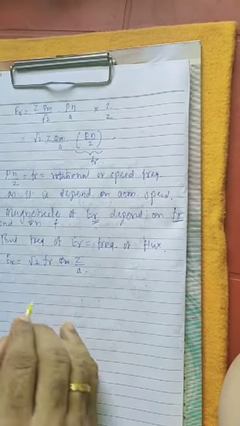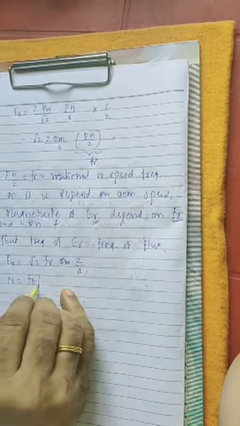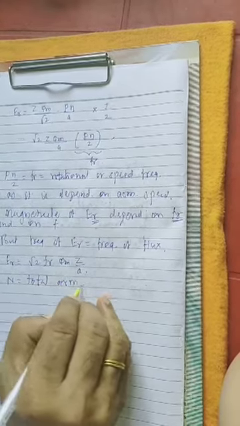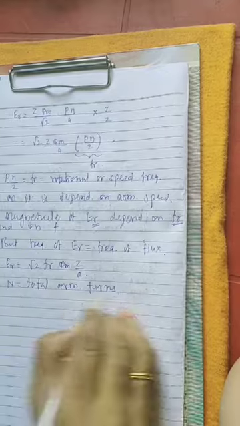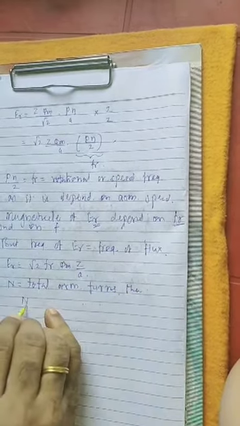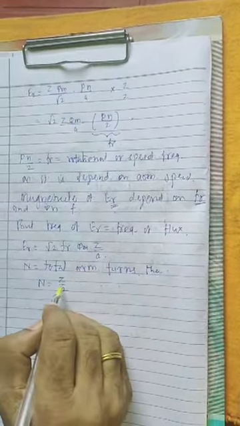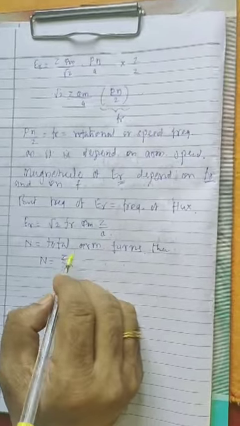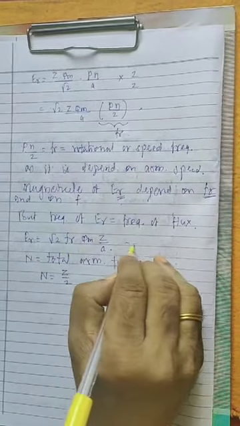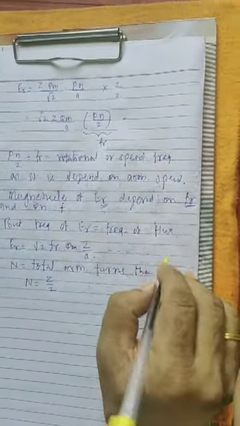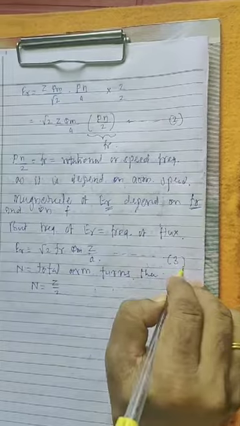Now if n is the total armature turns, then n is equal to Z upon 2. This is the formula. Therefore, this is equation 2 and this is equation 3.